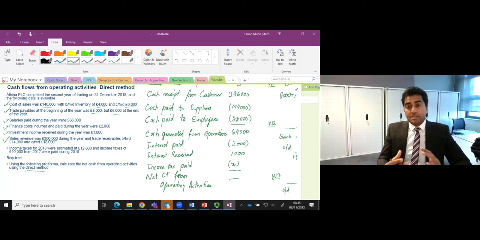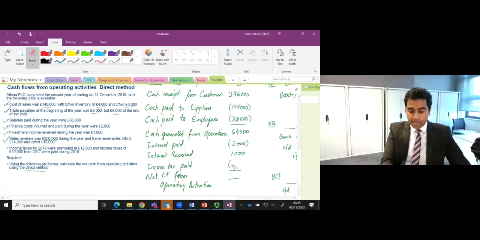And remember, this is a cash flow statement. We have to record the payment of tax which we have made in this current year, not the estimate. The estimate hasn't been paid yet, but £10,000 for the last year has been paid in the current year. So I'm going to record it as £10,000 as a negative figure.